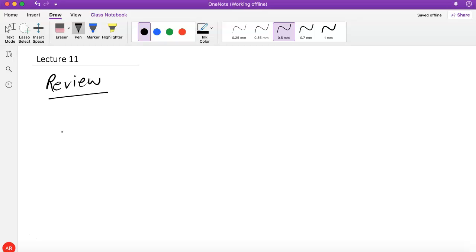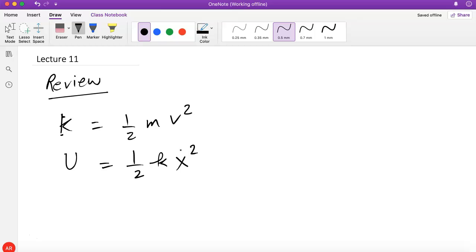There was kinetic energy, 1/2 m v squared, where the velocity is a sinusoidal function of time, and there was the potential energy, 1/2 k x squared, where k is the spring constant, a small k, not a capital K. The x is the displacement, how much the spring is stretched or compressed, basically the displacement from the equilibrium position.